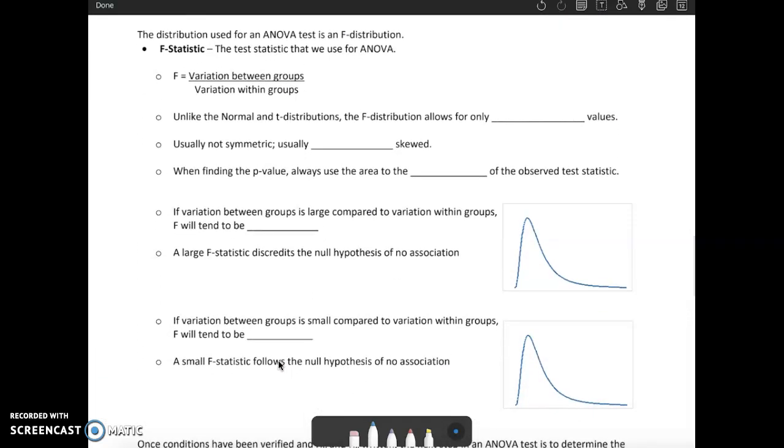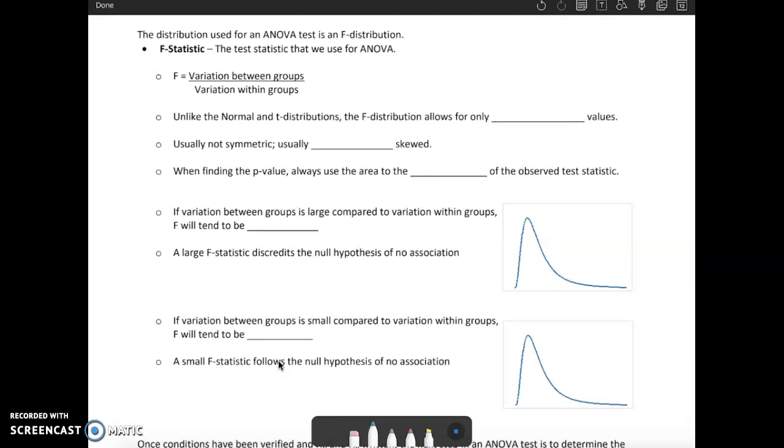A little bit more information on ANOVA testing. The distribution used for an ANOVA test is called an F distribution, and it has an F statistic. The F is calculated by taking the variation between the groups and dividing that by the variation within the groups.